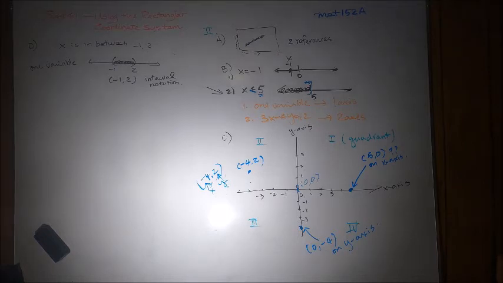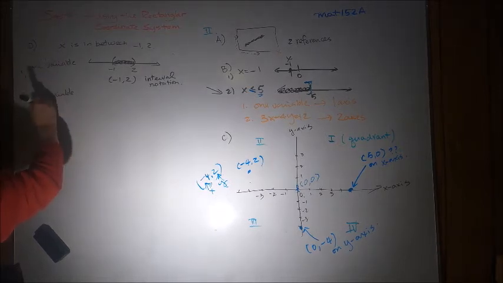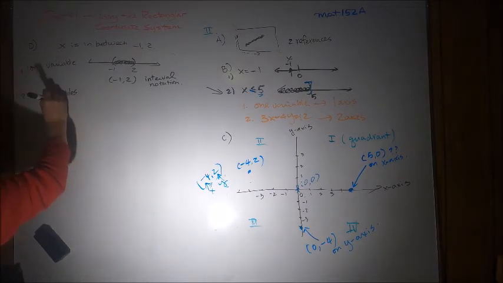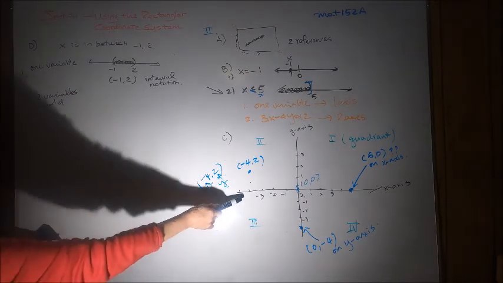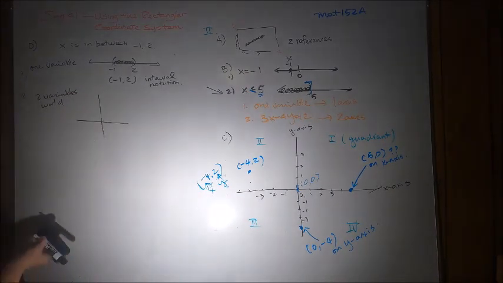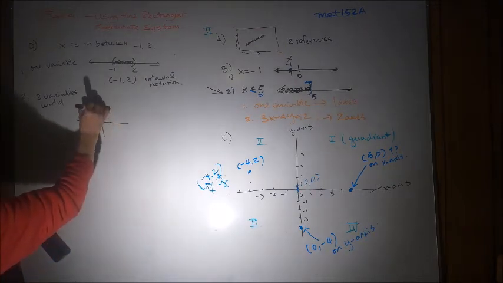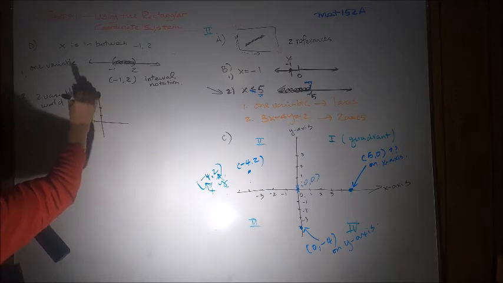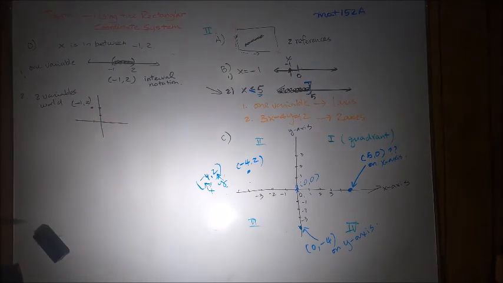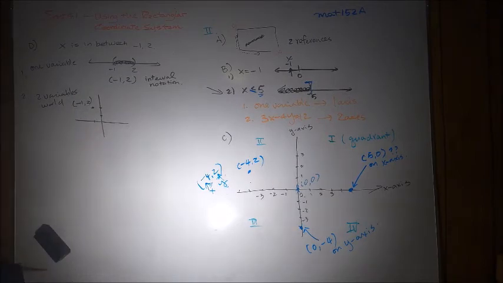However, in the two variables world, what happened? That would be this one, right? -1 and 2. So you go -1 and 2. It's right here. Which quadrant is it in? It's in the second quadrant, right?